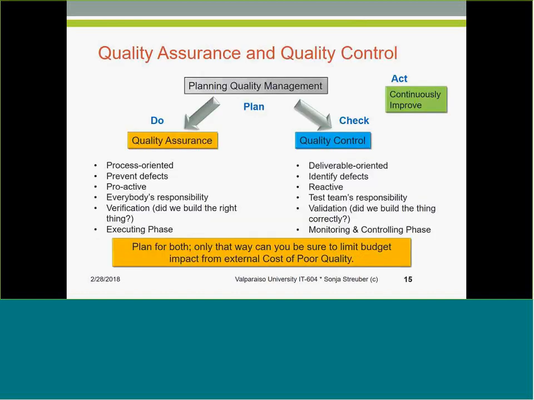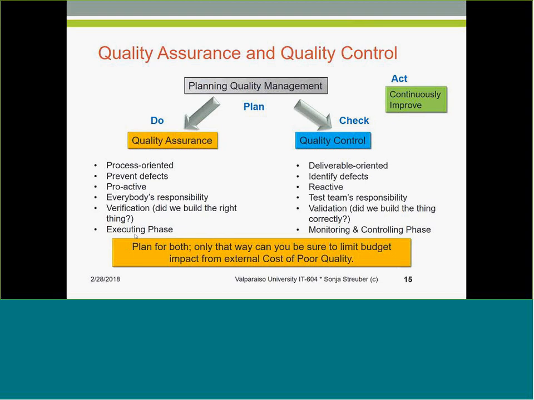So the next thing that we need to include in our quality management planning is our plan, do, check, act cycle, which is our Deming cycle, of course, right? And we are doing quality assurance. Quality assurance means that we look at how we are building our product.